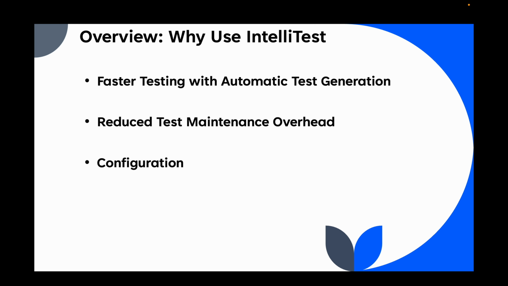It auto-generates assertions and expected exceptions, turning current behavior into repeatable tests. It integrates with code coverage so we can see exactly what's tested. It helps with maintenance and regeneration when our code changes and catches regressions. And it has configuration options so we can control how many tests it creates and which part of the code it touches.